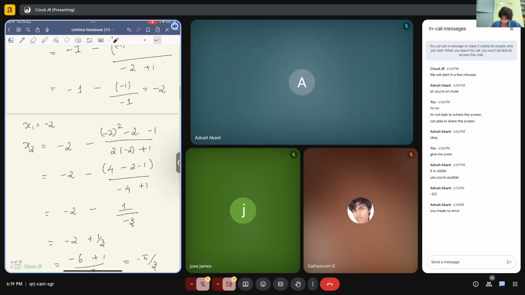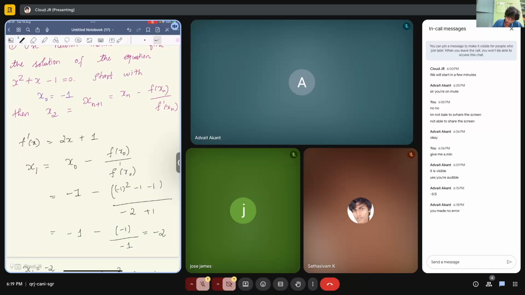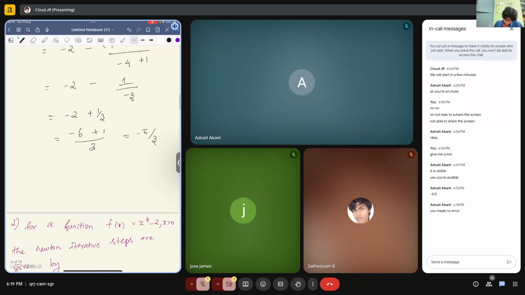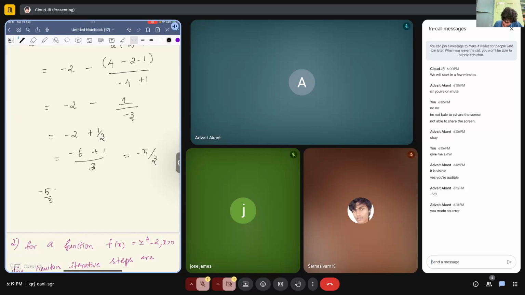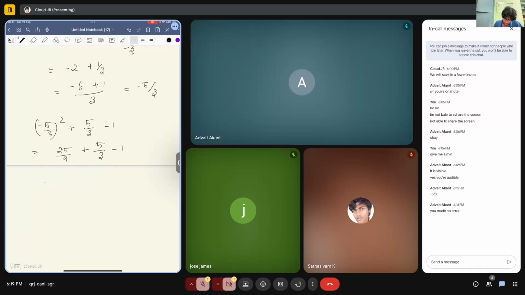Now let's check whether this satisfies your function, which is x square plus x minus 1. If you look at minus 5 by 3 square plus 5 by 3 minus 1, this will be 25 by 9 plus 5 by 3 minus 1, which will be, over 9, 25 plus 15 minus 9 by 9.